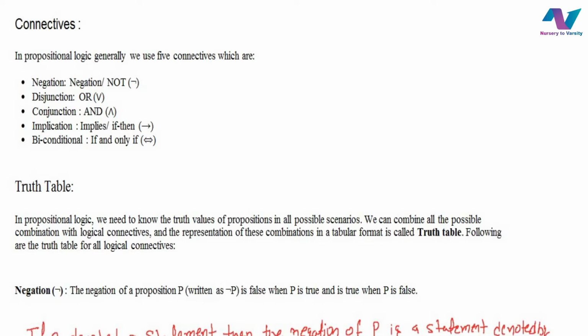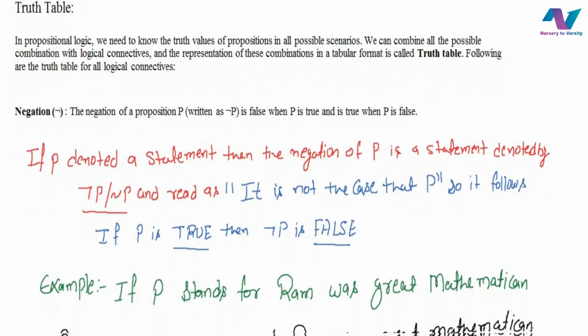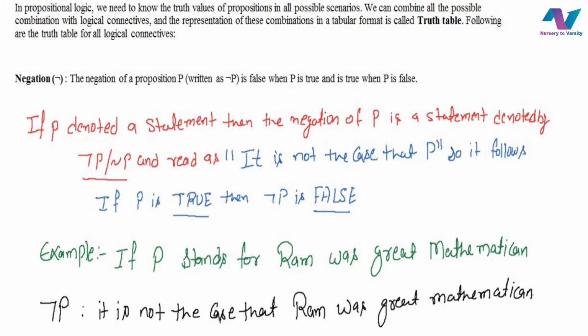Our first truth table is for negation. In negation, if a statement P denotes a statement, then the negation of P is a statement denoted by the negation symbol and P, and we read it as "it is not the case that P".